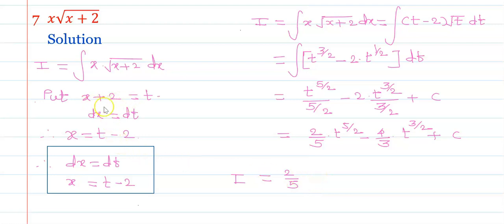What is the t here? x plus 2. So we write here (x plus 2) raised to 5 by 2 minus 4 upon 3 into (x plus 2) raised to 3 by 2 plus c. Okay, this is the answer.